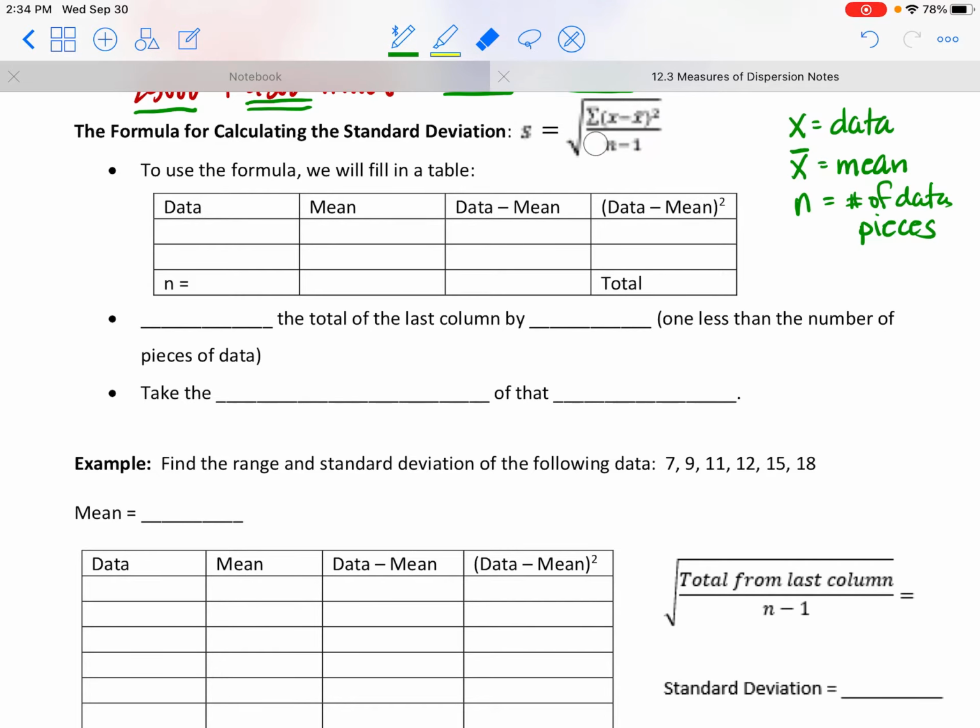In order to use the formula, we have lots of things going on, so we're going to fill in a table. We're going to list out the data in the first column. We're going to calculate the mean, and it will be the same thing all the way down. And then we want to find the difference between the data and the mean, and that difference is going to get squared, and then we're going to find the total of this whole column.